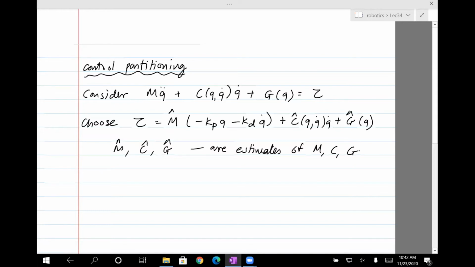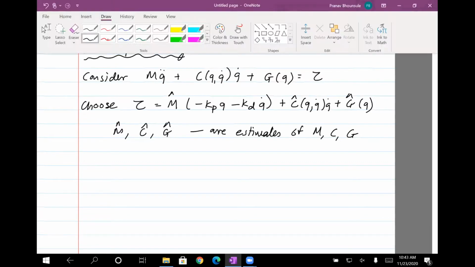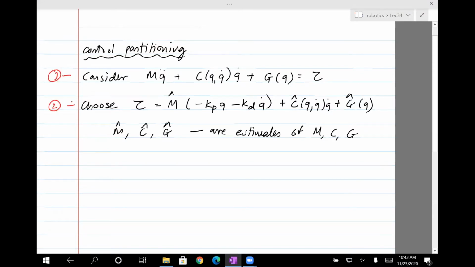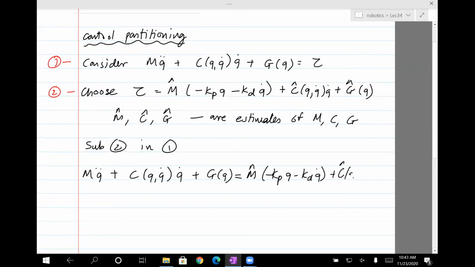Okay, and of course, sometimes you will have perfect estimates, in which case we can just replace M hat with M. And now let's call this 1 and this 2. And let's sub in 2 in 1 to get Mq double dot plus Cq dot plus G(q) equals M hat times minus KPq minus KDq dot, plus C hat q dot plus G hat(q).